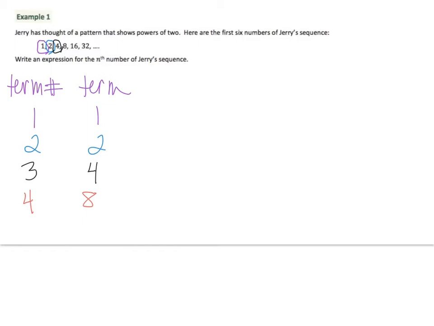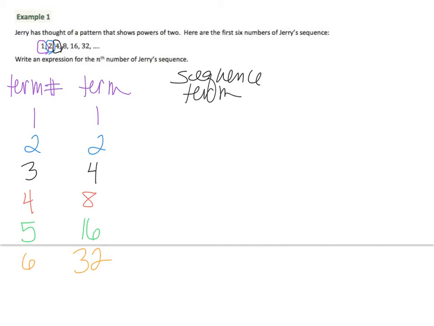I'm going to run out of colors. The fifth number is 16. And the sixth number is 32. I can rewrite that table into something with sequences that will hopefully make more sense.